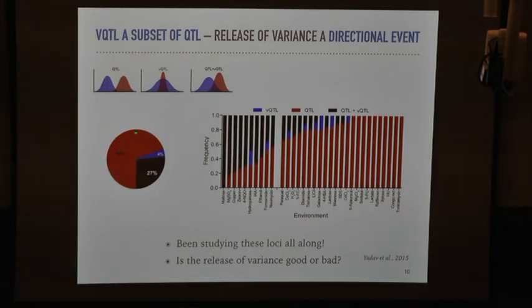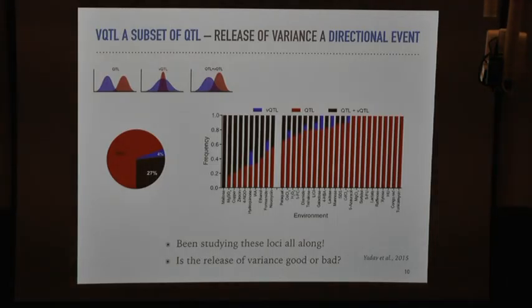We found that the majority, about 70% of the QTLs that we identified, were mean QTL only. A very small proportion, 4%, were QTLs which changed just the variance, not the mean. But a significant one quarter of the total QTLs that we identified were QTLs which not only changed the mean but also changed the variance.